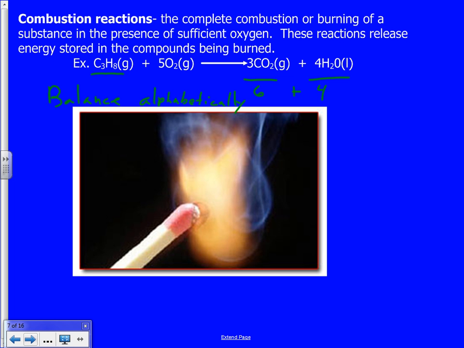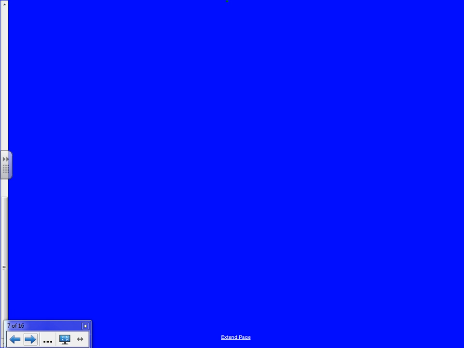So we balance alphabetically always, and then our other rule has to do with if we have an even number of carbons. Once in a while you'll run into this problem. Let's say we're dealing with C6H14. Products of a combustion reaction are always what 2 things?